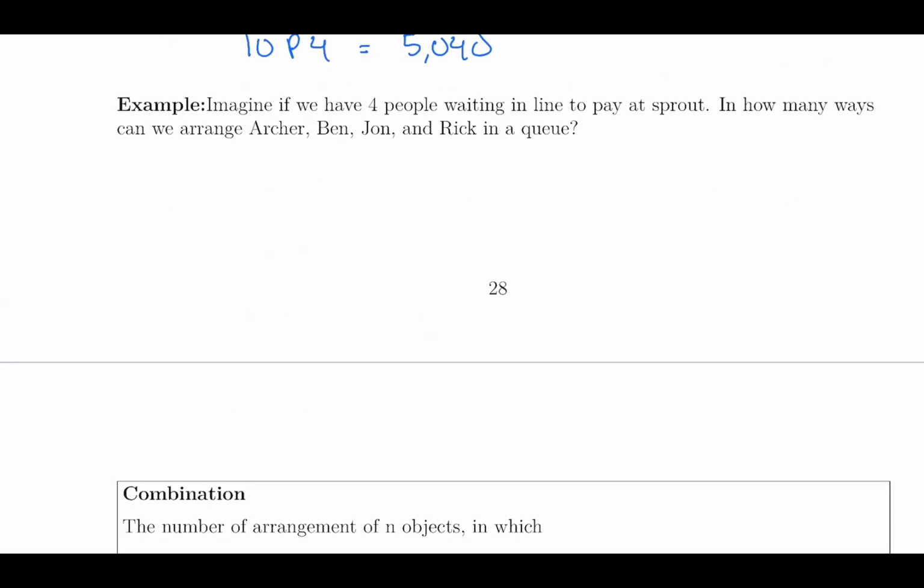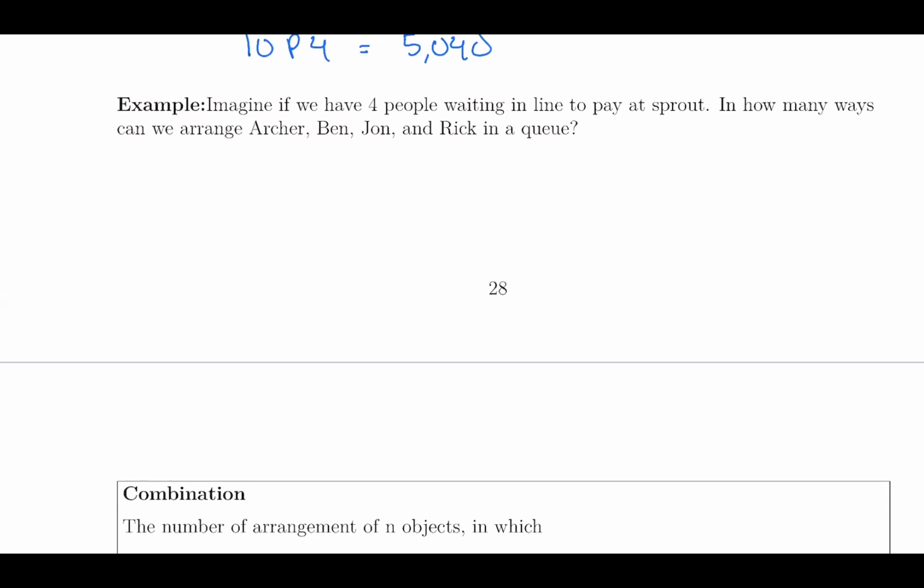So this one says, if we have 4 people waiting in line to pay at Sprouts, in how many ways can we arrange Archer, Ben, John, and Rick in a queue? Think about it: they're all waiting in line, and we want to find out the different ways that we could arrange them. Are all 4 people different? Perfect.